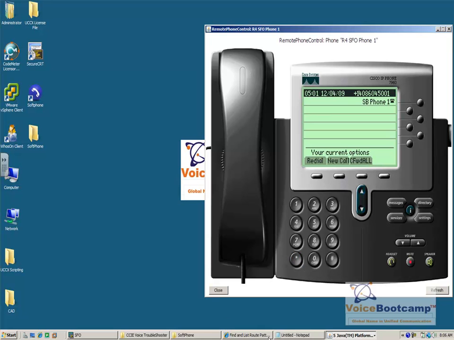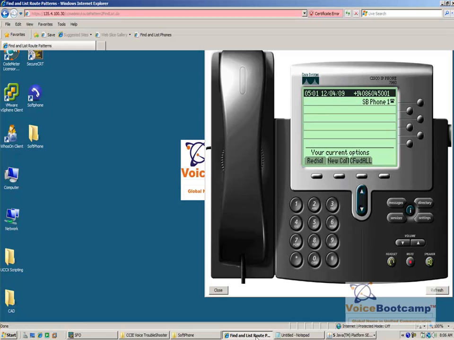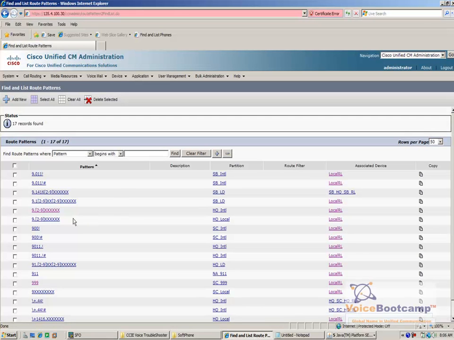So let's analyze that to ensure that we have the proper calling search space and proper partition assigned to the right route pattern and the right phone. First of all, the route pattern that's supposed to be used is 9 for the phone that is dialing. Let's go to the phone.